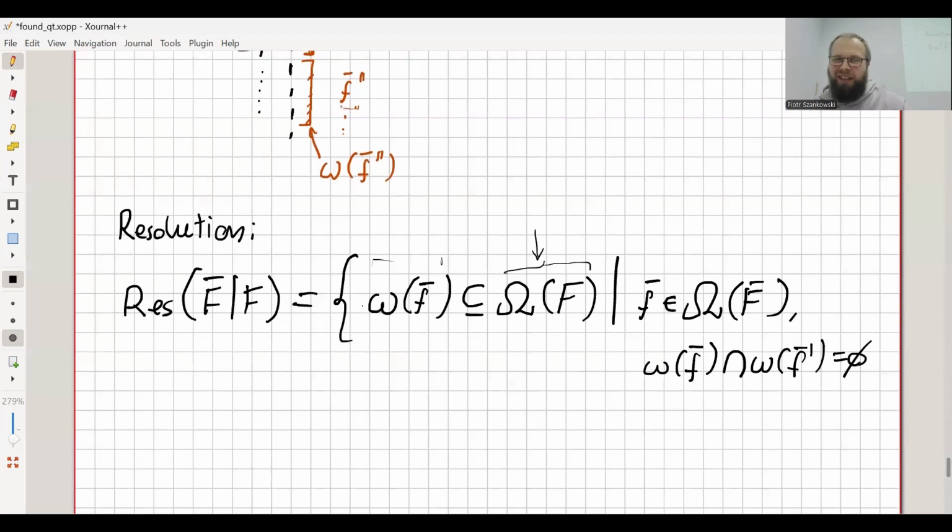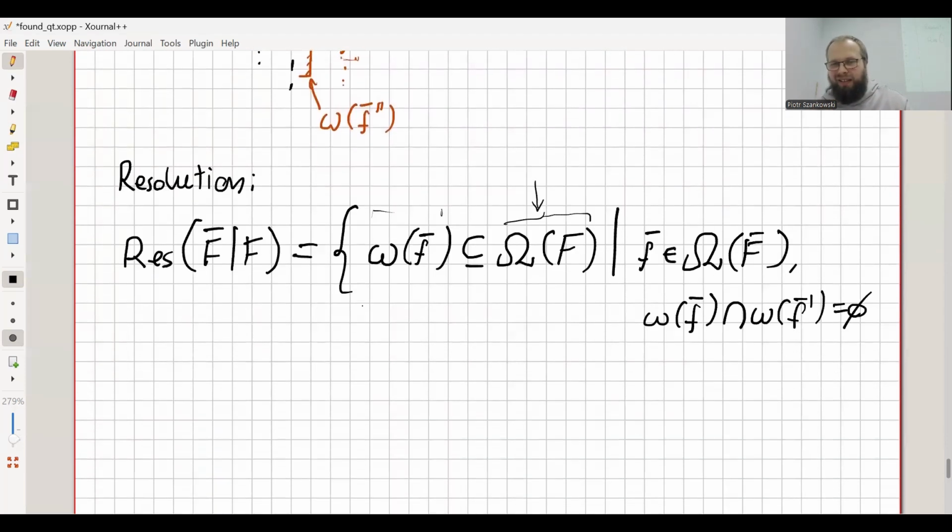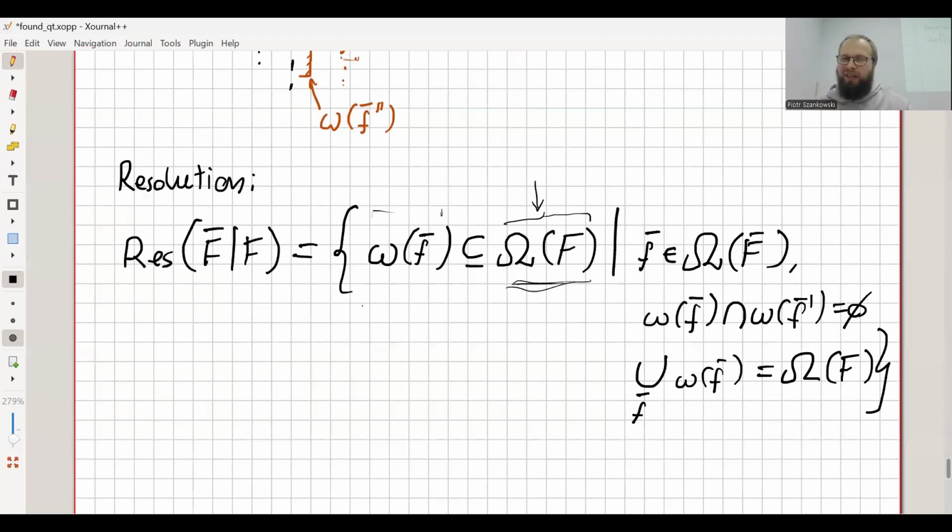So those omegas, like in this picture, never overlap. And when you take a union over all F bars of omega F bars, you get the whole omega F. So this tells us that we partition the possible results of fine measurement into groups. Those groups don't overlap, and they span the whole set. This will be a resolution of a coarse-grained device.